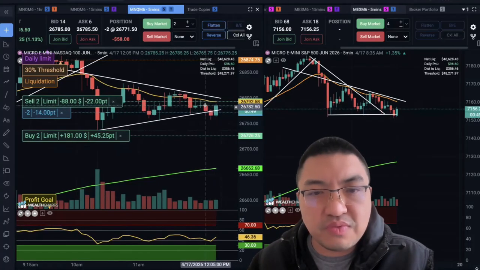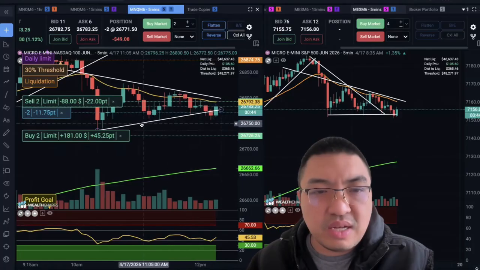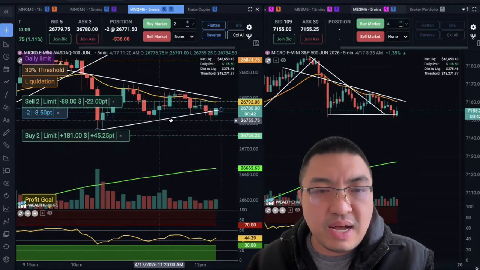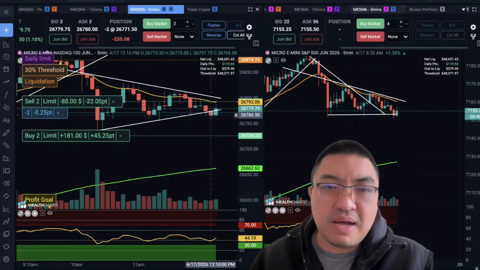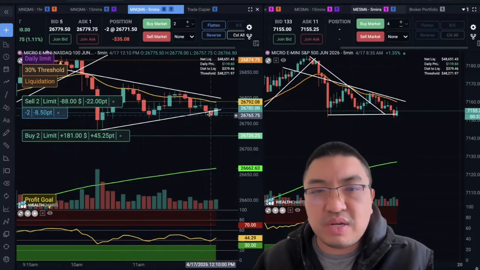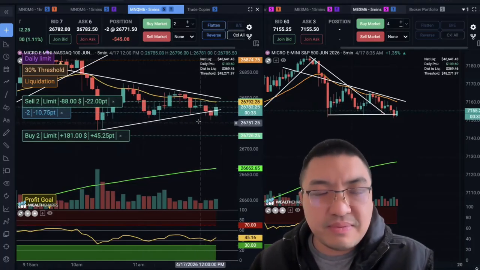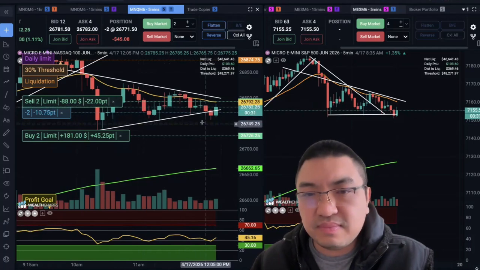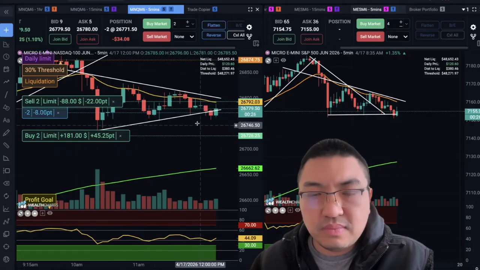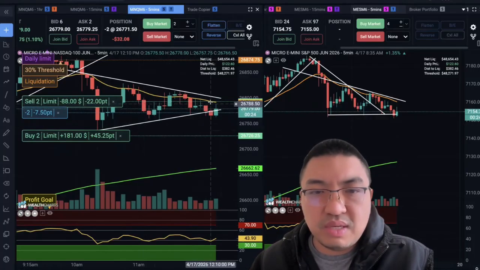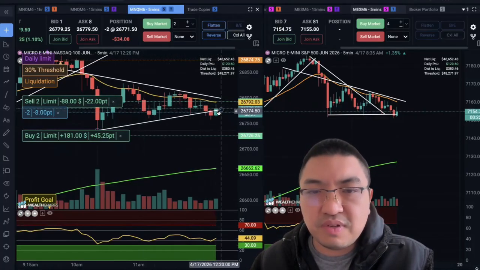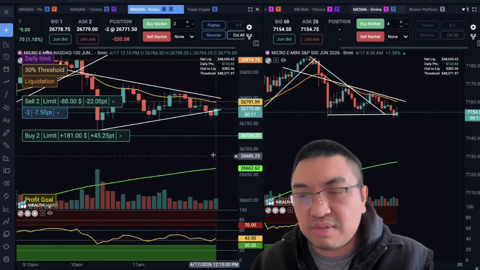I wait for the compression of the 5 minutes to step out of this peak, and it still steps out. And now it's trying to trap me. Maybe this is a liquidity sweep, and if it's not engulfing, then I can still keep holding the trade, and probably it keeps going down.